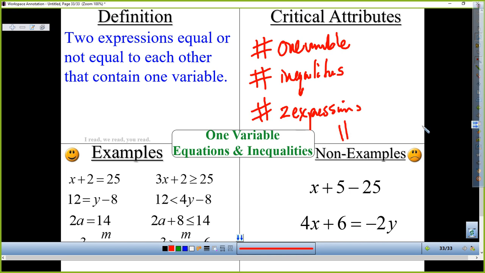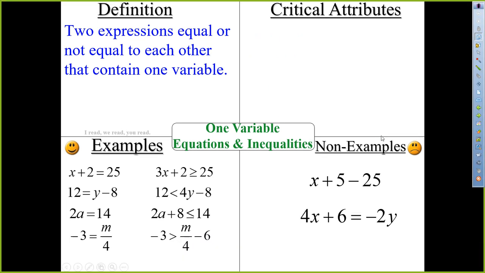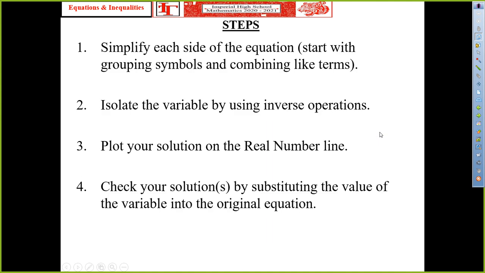Alright. Move on. So, steps. These are the steps that we're going to use to solve equations and inequalities, and it's going to ring a bell for some of you. You're like, oh snap, Mr. Q, I remember these. So, you're not going to write the whole thing. You're only going to write the first word so you can remember the step or the process. Step 1, simplify. Step 2, isolate.